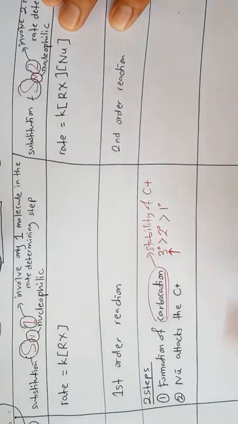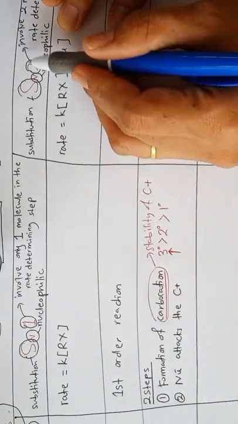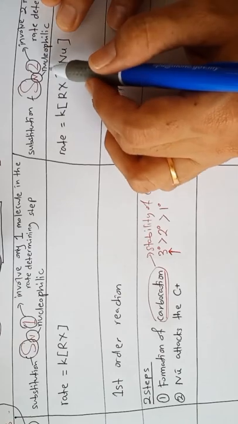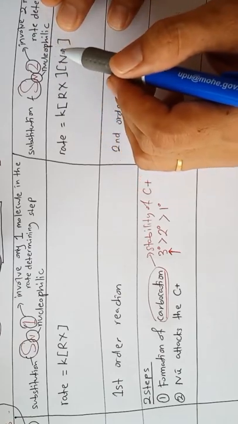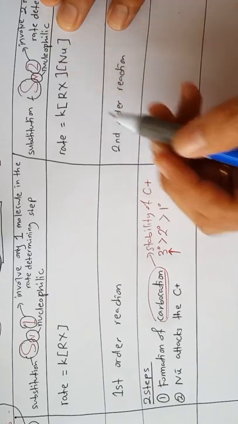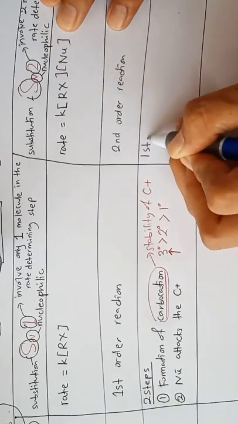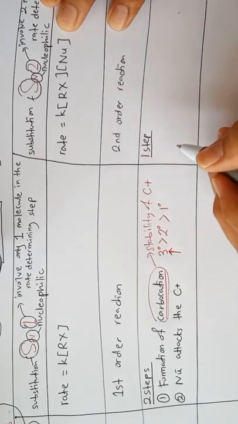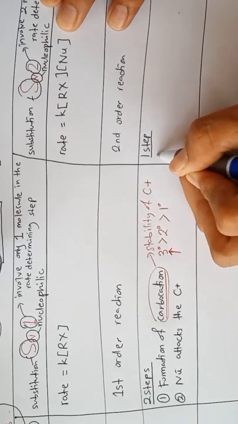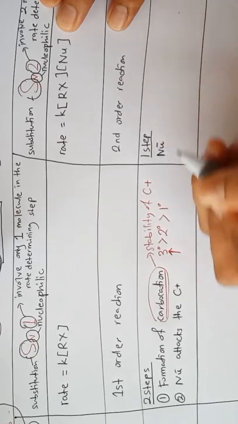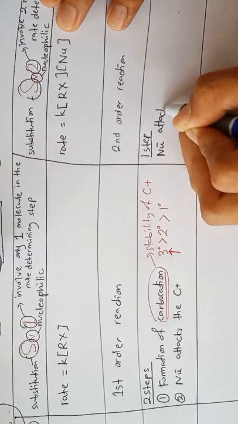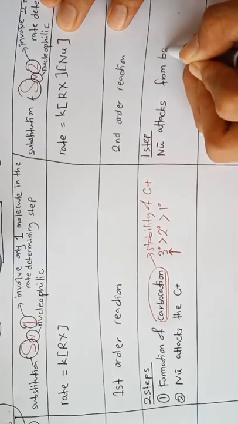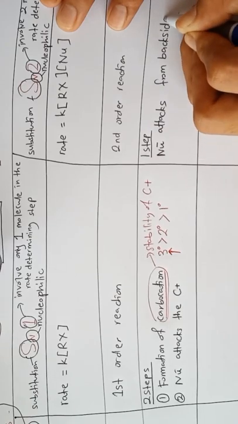Meanwhile, for the SN2 mechanism, you have to know as well how it works. For the SN2 mechanism, it only involves one step, and that step is the nucleophile attacks from the backside.